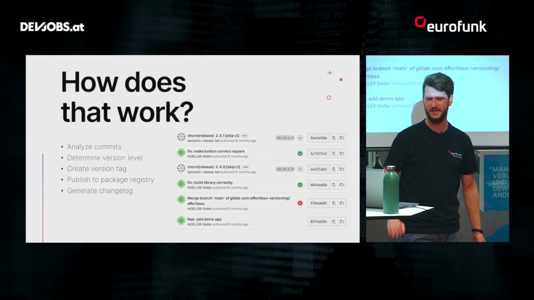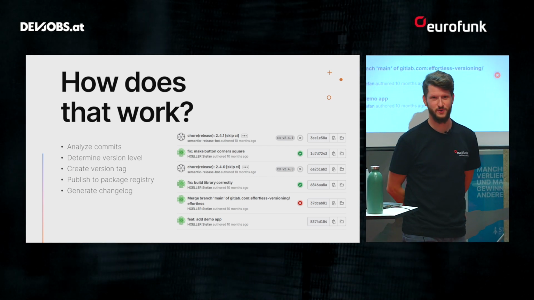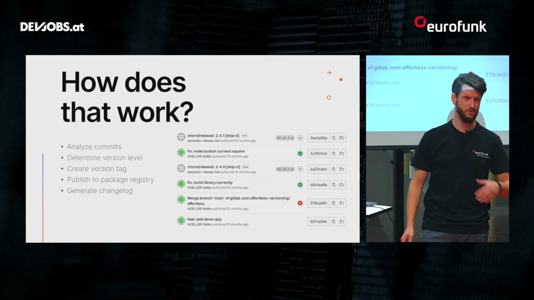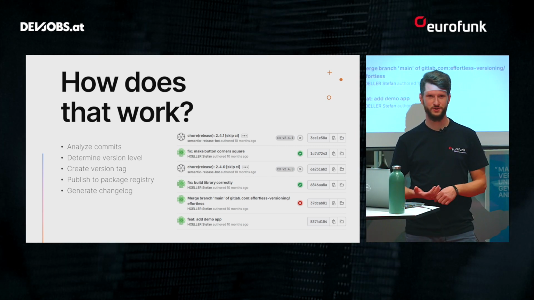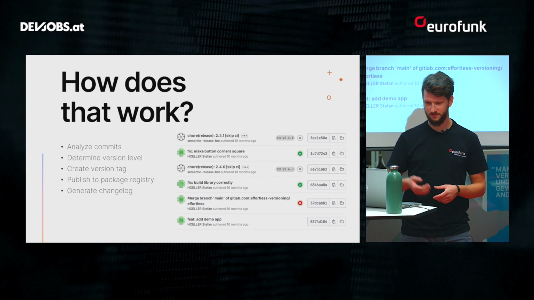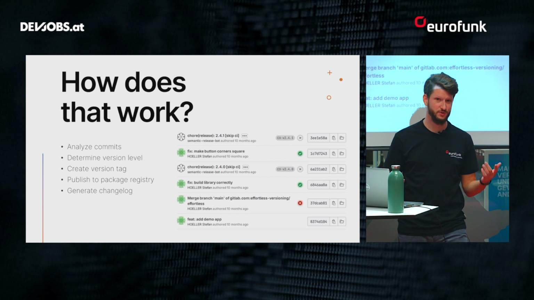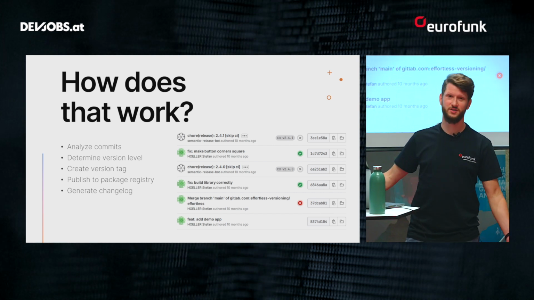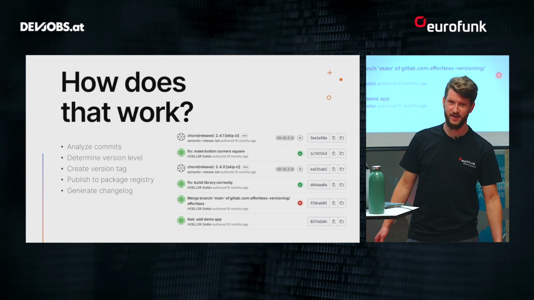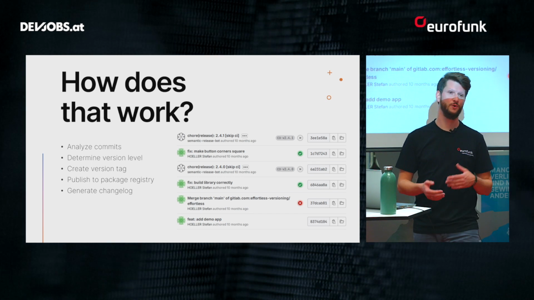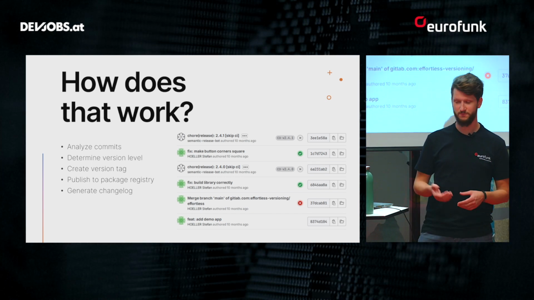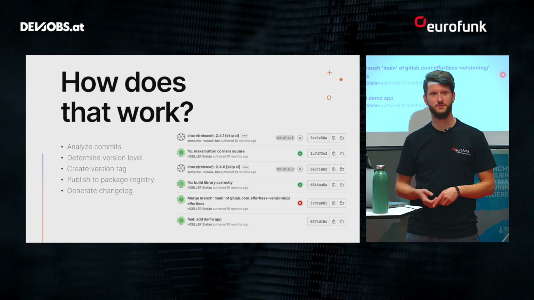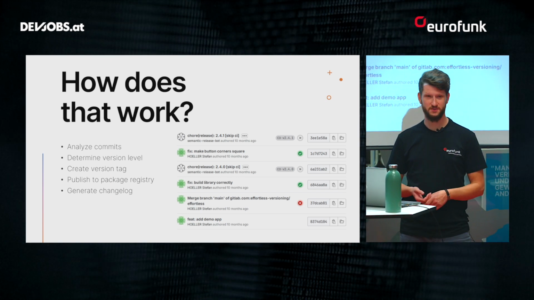It basically analyzes all the commits that you add since your last version was published. It determines the level of version which needs to be updated. It creates a version tag. It publishes it to your package registry so that all your projects that want to consume it can do that very easily. And it creates a changelog based on your commits.